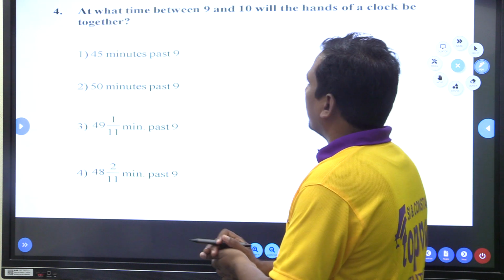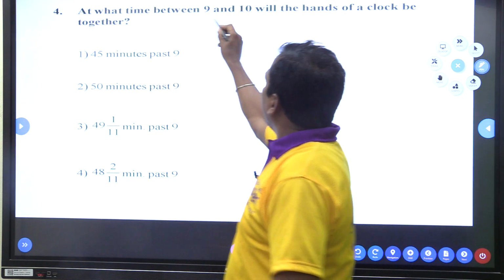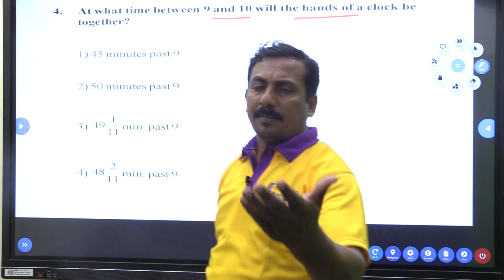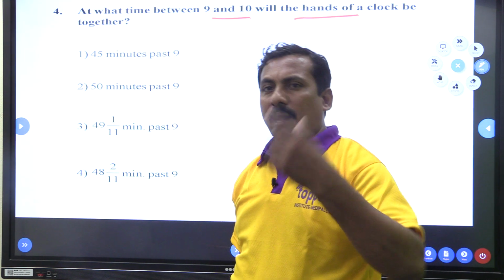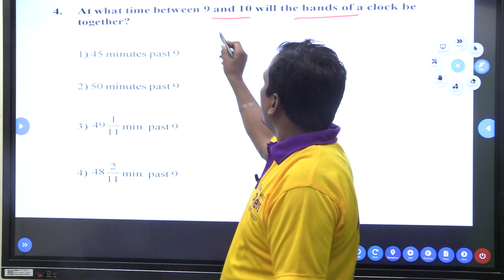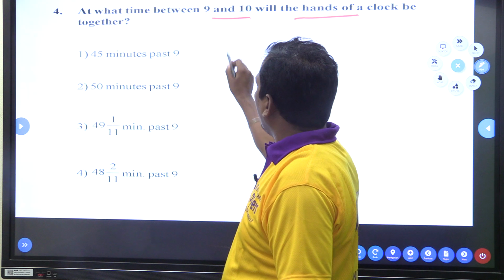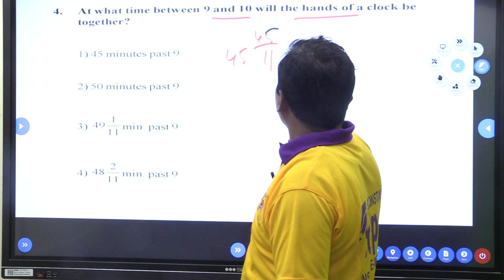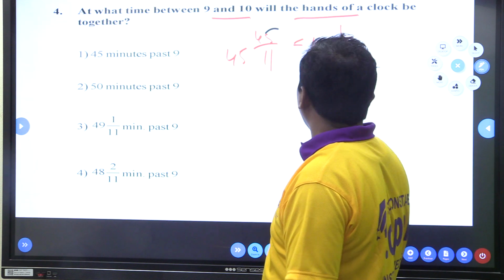Next question, the fourth one. At what time between 9 and 10 o'clock will the hands of a clock be together? Together is nothing but 0 degrees. Together or coincide or both hands in the same direction is 0 degrees. 9 means 45 by 11. It is nothing but 49 of 1 by 11.